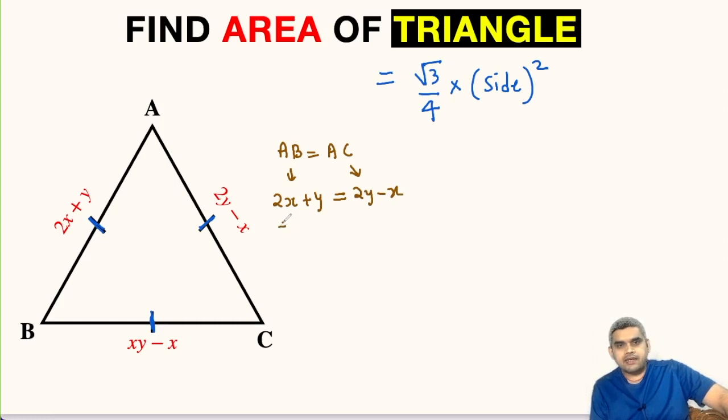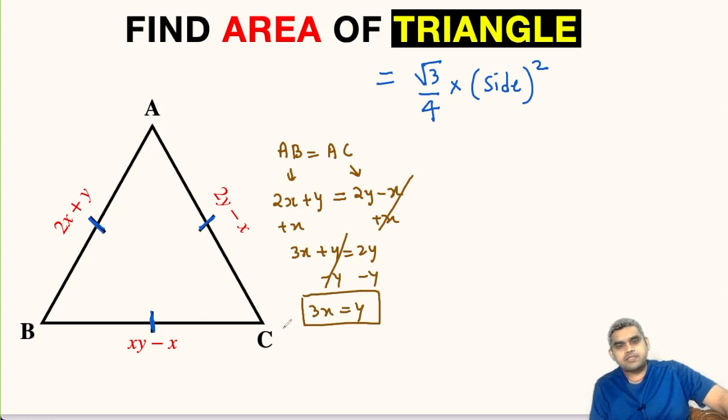Let us add x to both sides. So this x will get cancelled and we will have 3x plus y equals 2y. Let us subtract y from both sides. So this will be 3x equals y. This is the first relation between x and y.